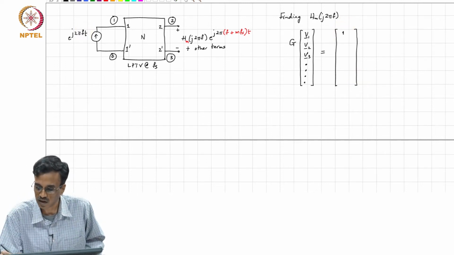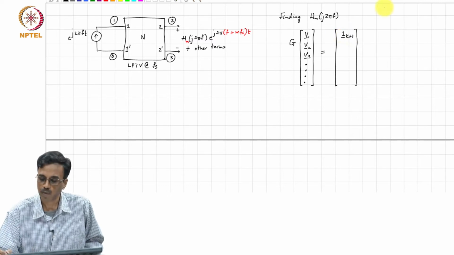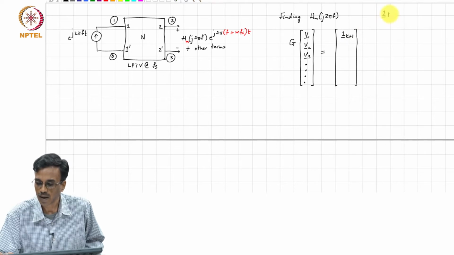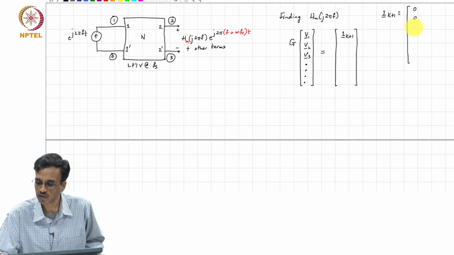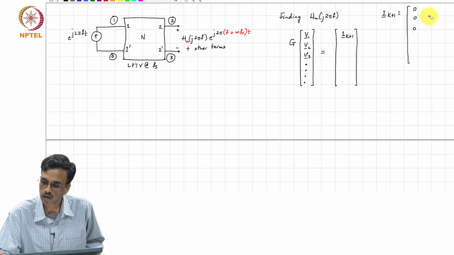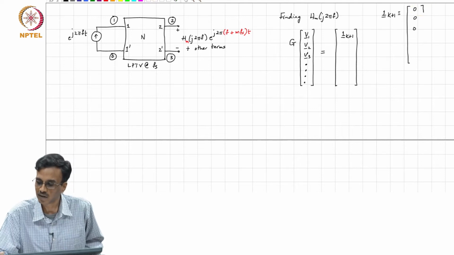So, this must be 1 capital K plus 1, and remember that 1 capital K plus 1 is defined as a vector with all zeros except the K plus 1th term.